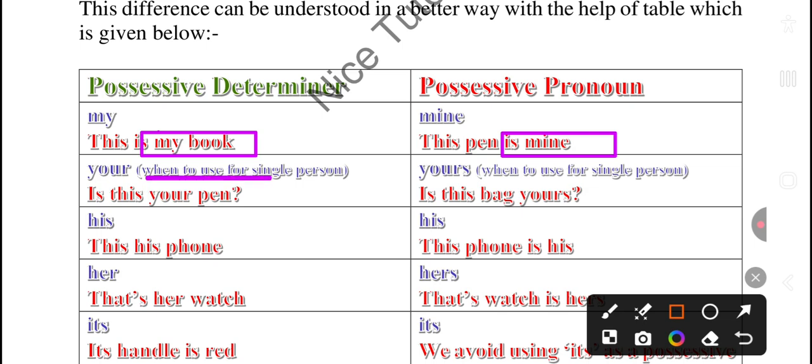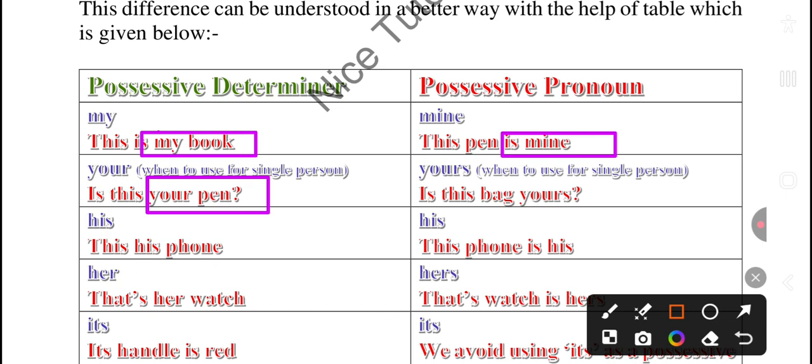Similarly, your pen. Here the word your has been used as a possessive determiner. Moreover, it has been used for a single object, meaning pen is only one.